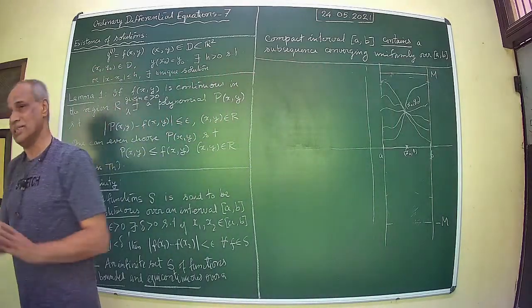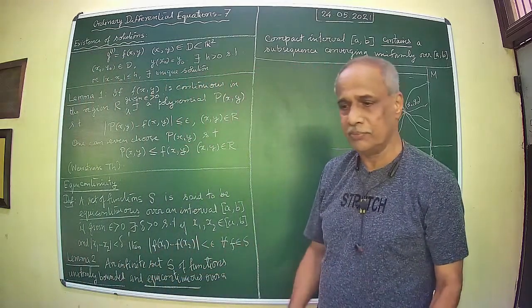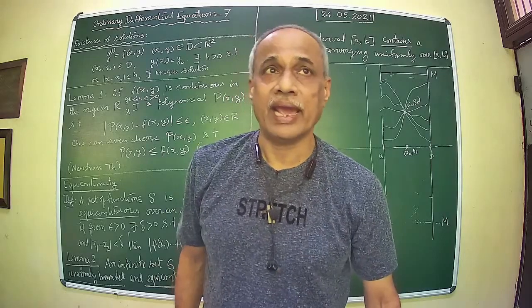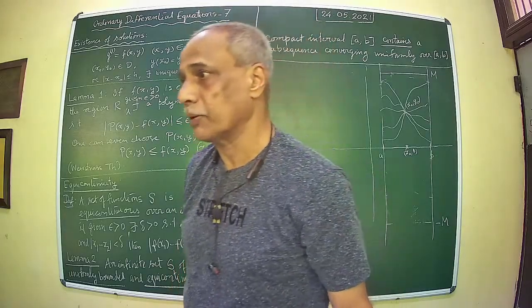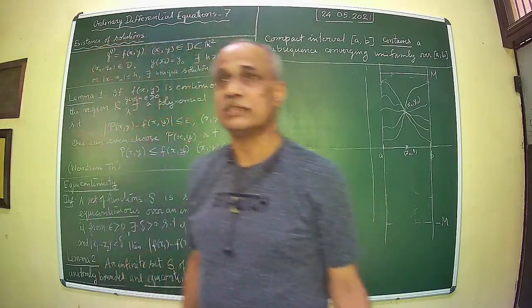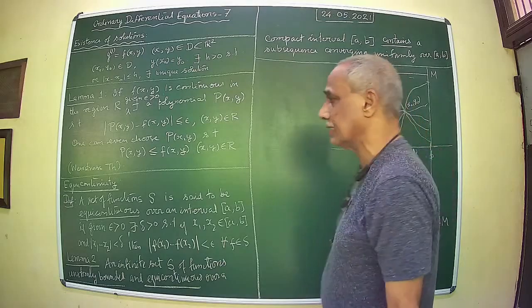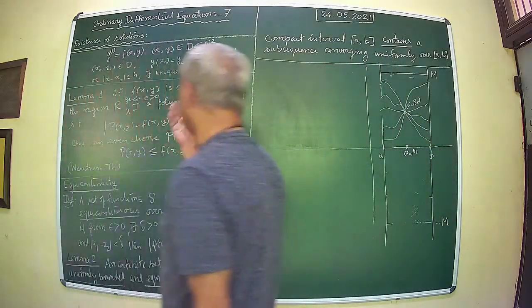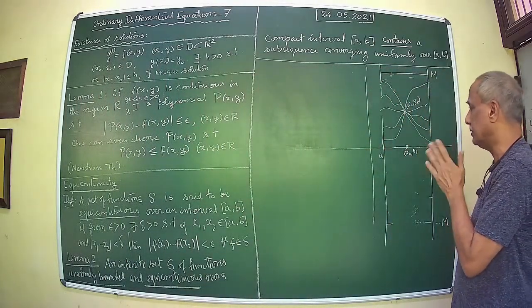And then, as we have proved in the case of, say, the existence and uniqueness theorem, each one of them will lead to a solution of the initial value problem, and that solution will obviously satisfy the initial condition. So it will be a solution of the initial value problem. Okay, so this is the strategy.